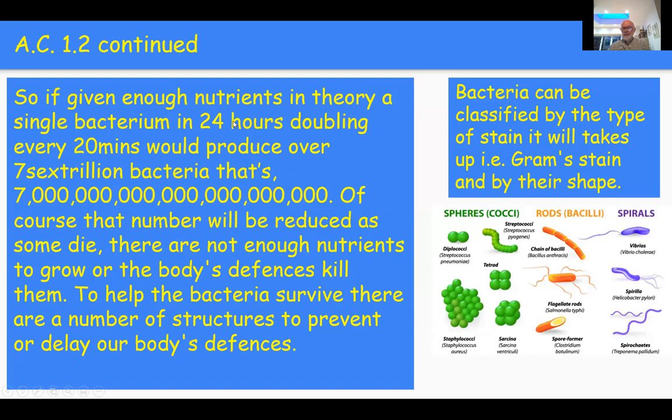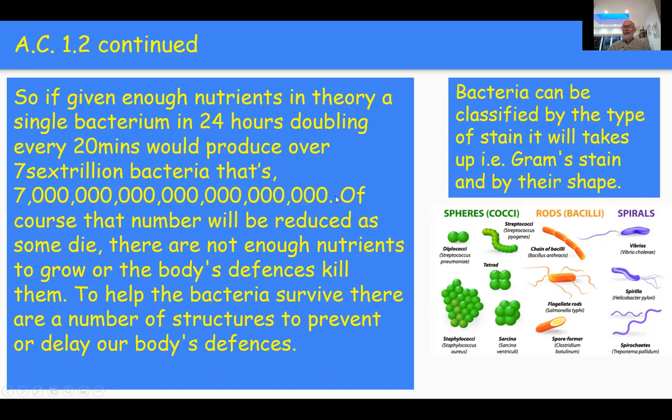So given enough nutrients, in theory, a bacterium in 24 hours, doubling every 20 minutes, would produce over 7 sextillion bacteria. So that's a 7 with, as you can see here, 21 zeros. Okay.